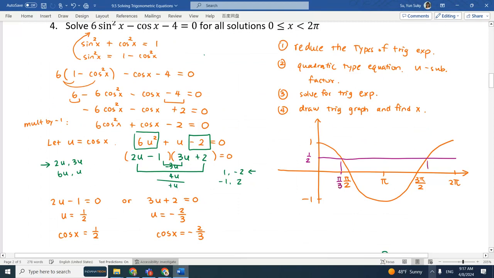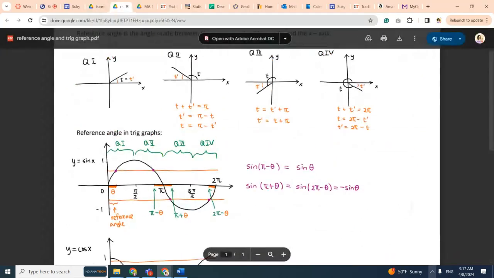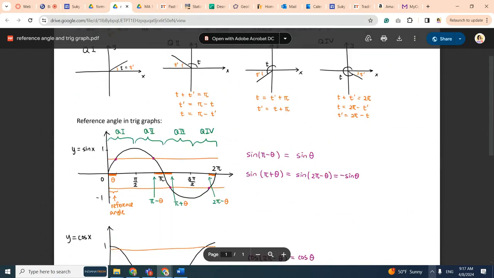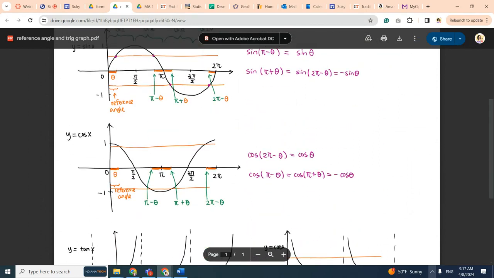Now how about this? Do you still have the reference angle worksheet? Yes, everybody? For problems in this section, this is very important, because you want to find all the solutions, not just a single one. The inverse trig functions only give you one number, and you actually need to look at the graph.